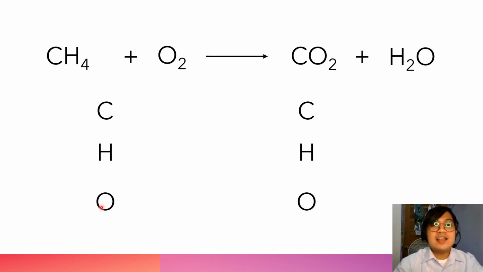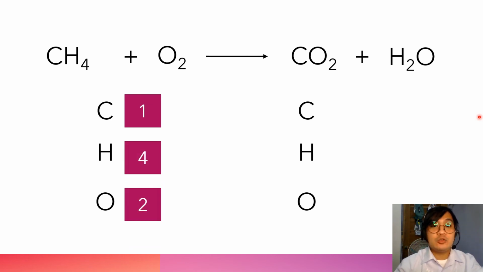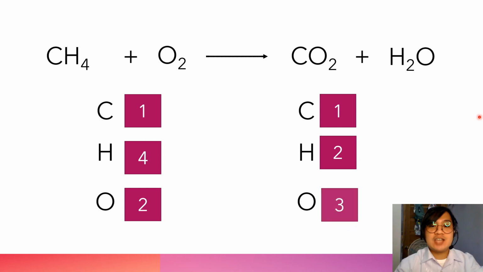Now, let's count the atoms in the reactant and in the product. For the reactant, we have 1 carbon, 4 hydrogen, and 2 oxygen. For the product, we have 1 carbon, 2 hydrogen, and 3 oxygen.